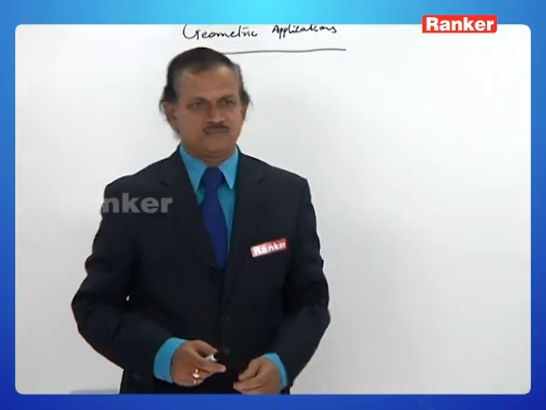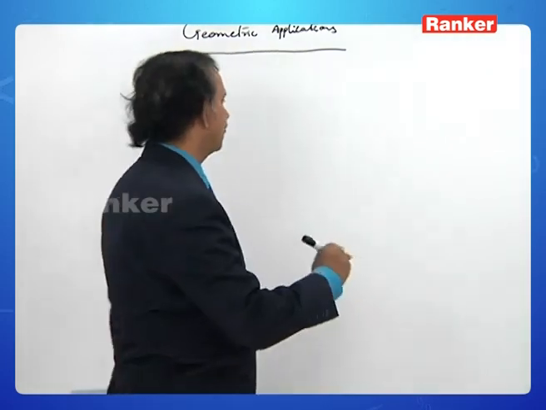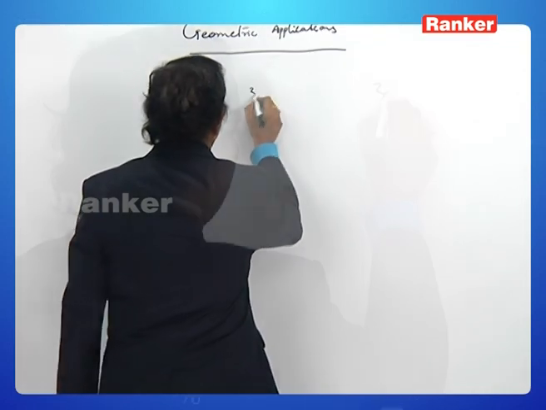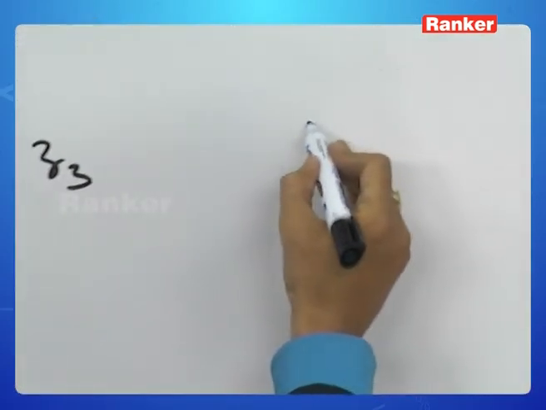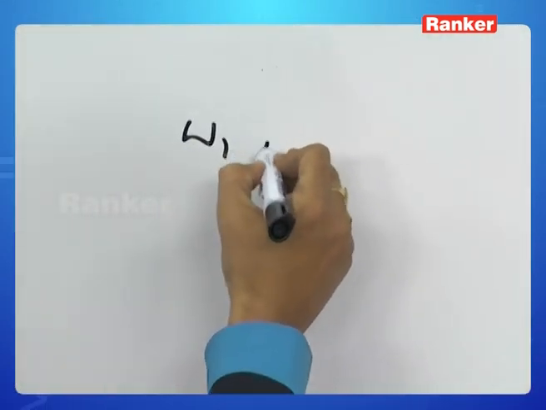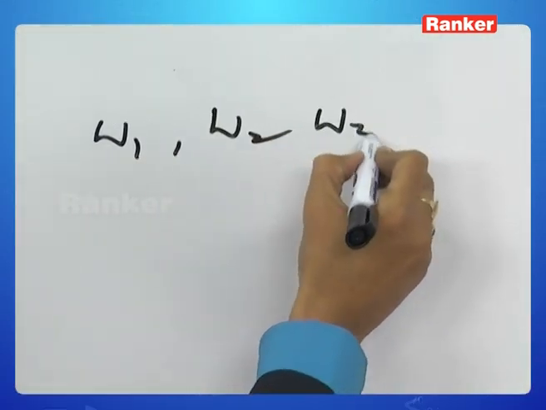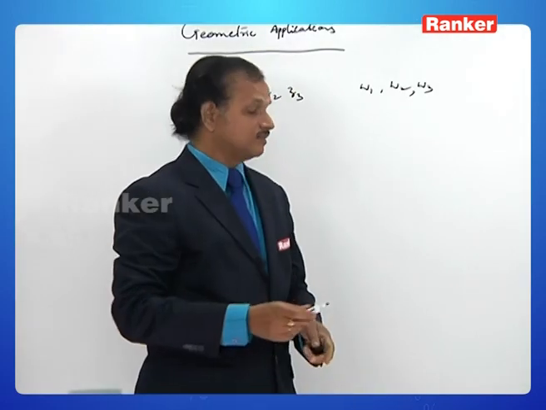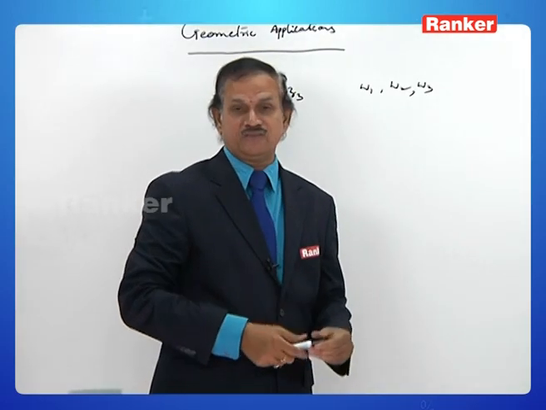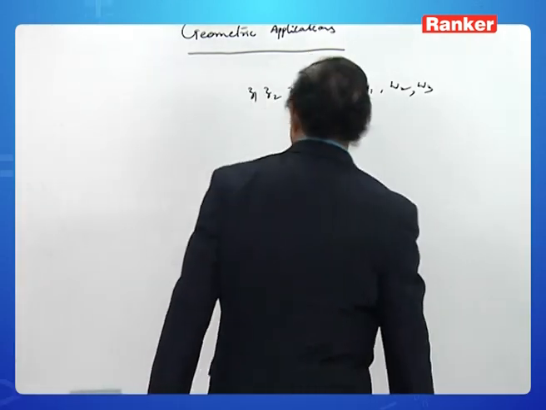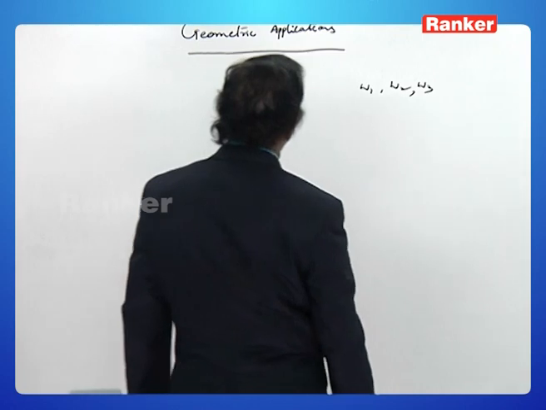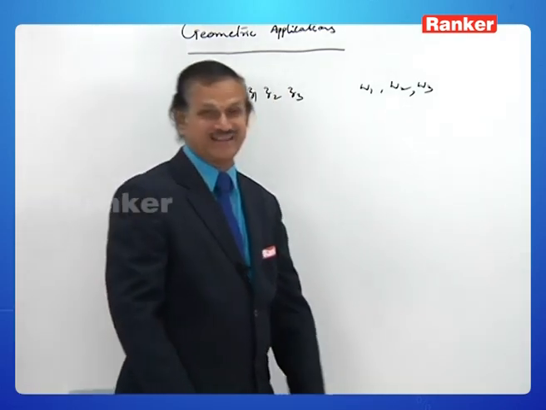The next concept: suppose there are two sets of three complex numbers, Z1, Z2, Z3 and W1, W2, W3. These three complex numbers correspond to three points which form a triangle, and the points W1, W2, W3 also correspond to three points which form a triangle.